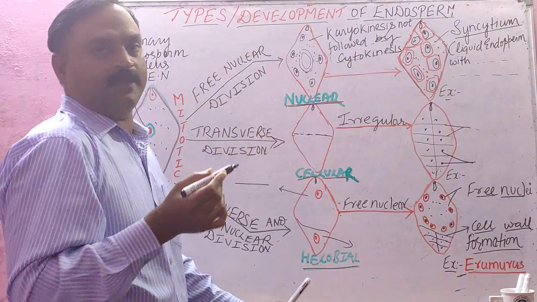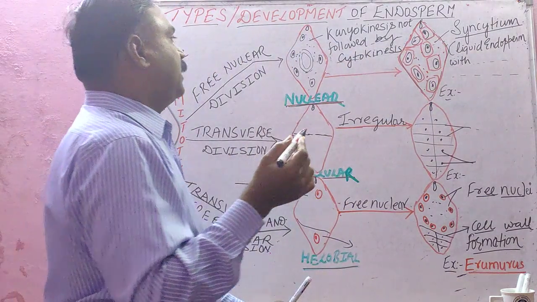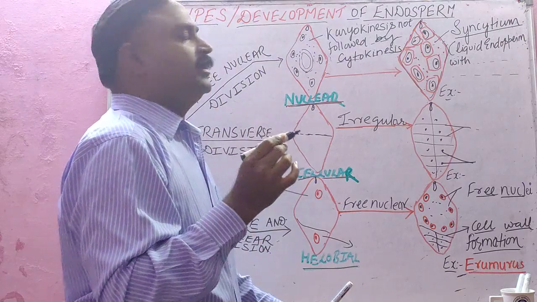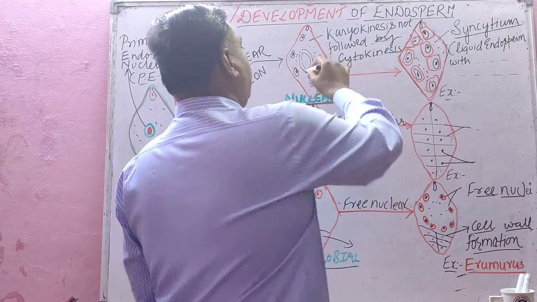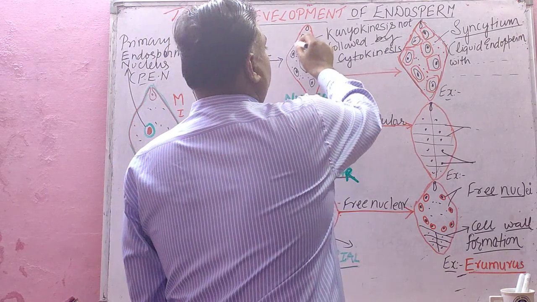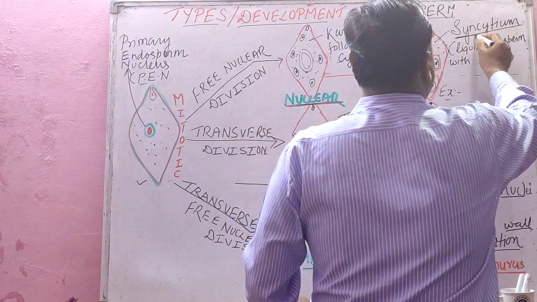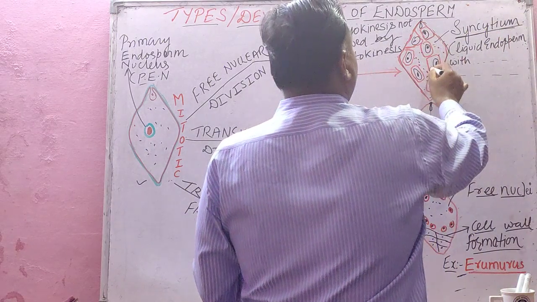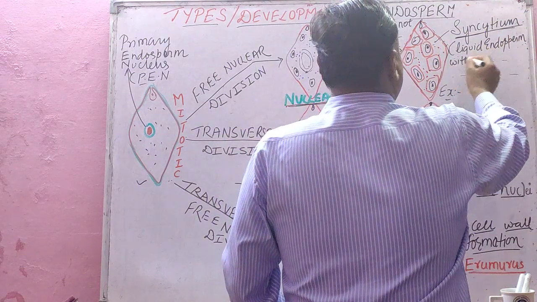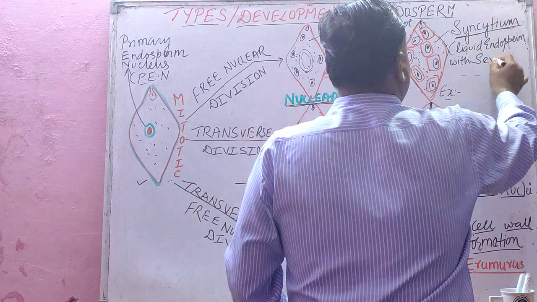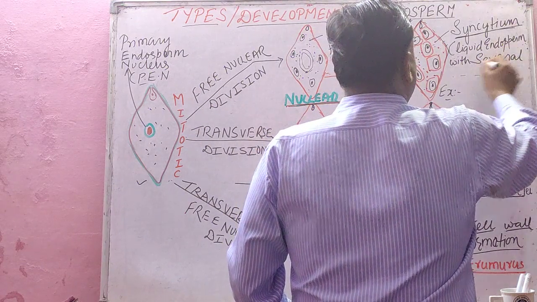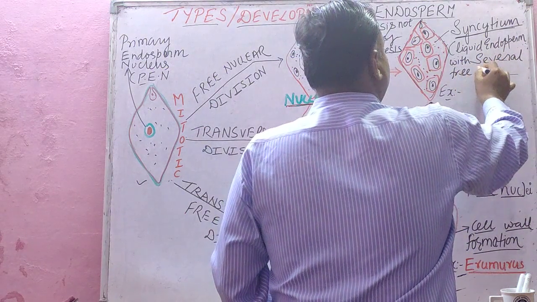Karyokinesis occurs, that is the division of the nucleus, but it is not followed by cytokinesis, and we find here liquid endosperm, that is called syncytium. Liquid endosperm with several free nuclei, student.